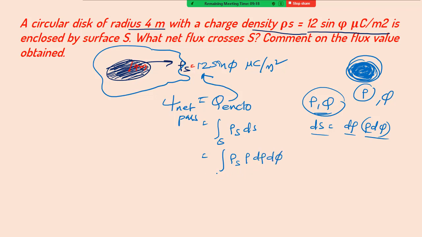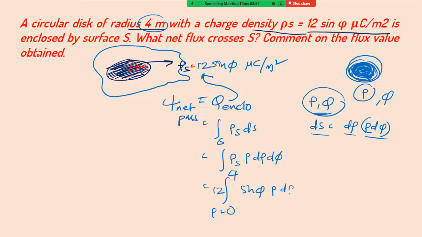Okay. So they have given 4 meters. So that means the rho range is from 0 to 4. So rho is equal to 0 to 4, and rho s they have given 12. I'm writing outside sine phi, and rho is a variable, so rho is to be kept inside only.